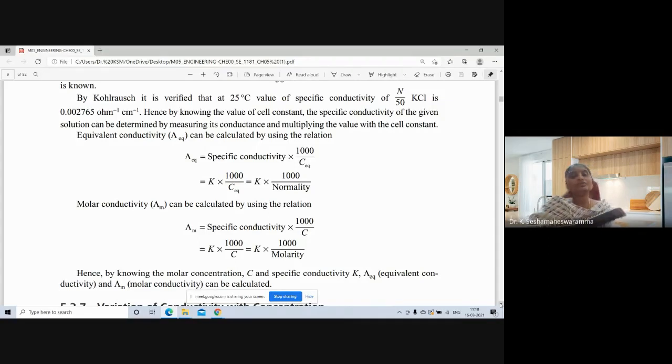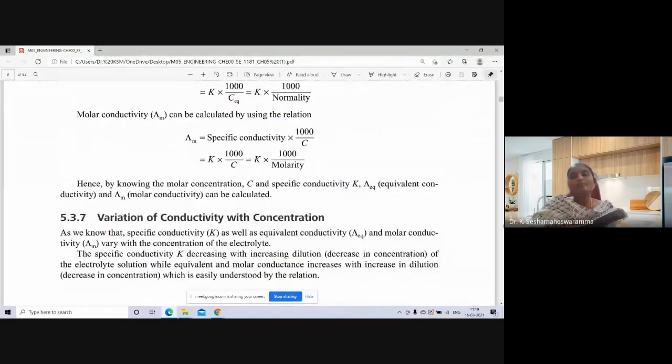So, if we know the molar concentration of any particular electrolyte solution, we can easily measure conductance, specific conductivity, equivalent conductivity, and then molar conductivity.